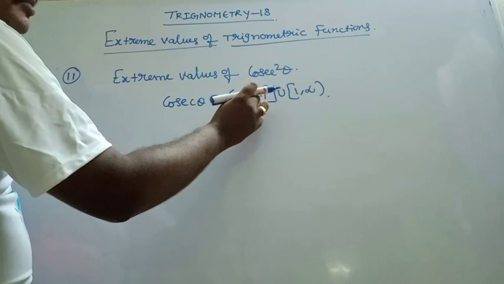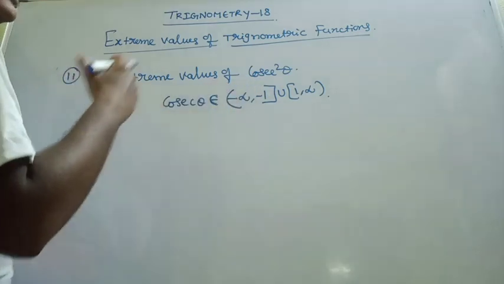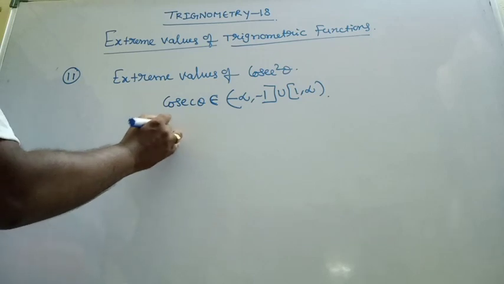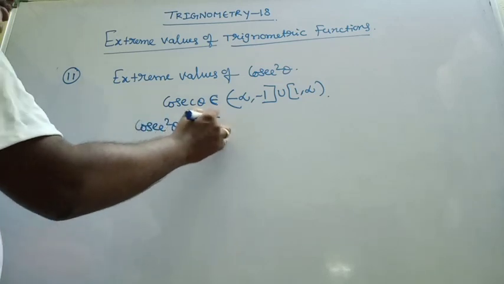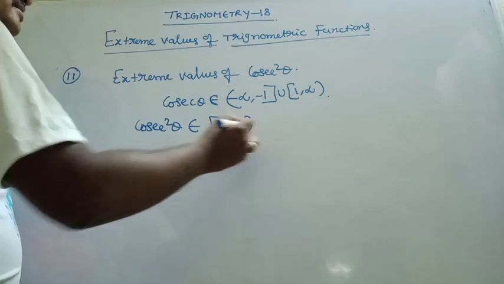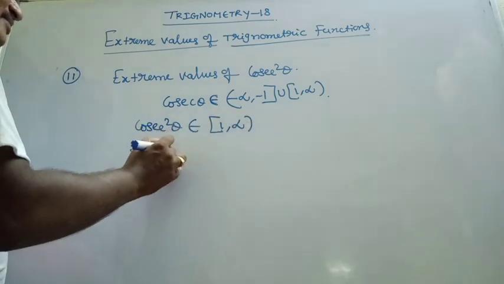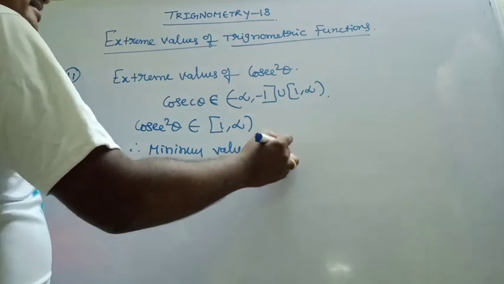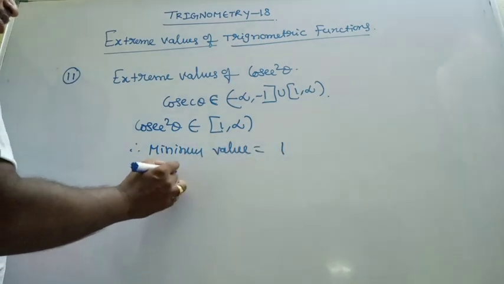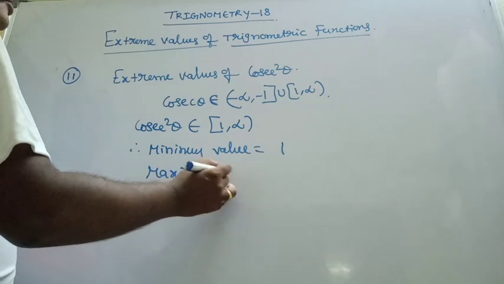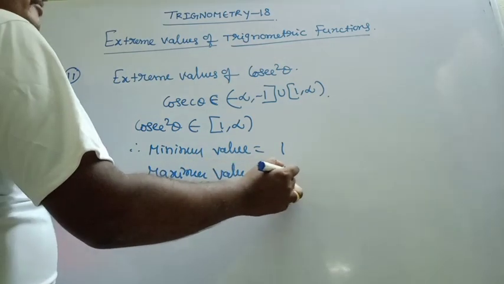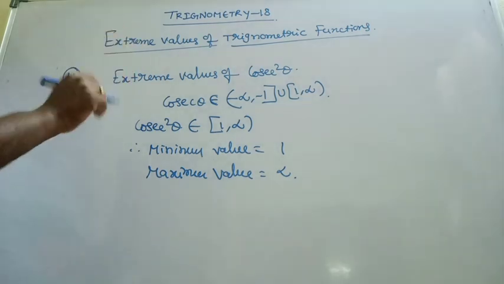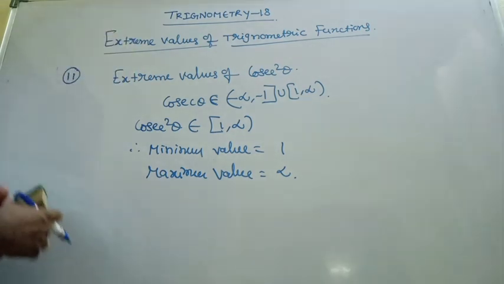Next, minus 2 square, minus 3 square, these are all the values you are going to get. Therefore, cosecant square theta belongs to 1 to infinity. Therefore, the minimum value you are going to get is 1, and the maximum value is nearer to infinity, right? Fine. These are the extreme values of cosecant square theta.